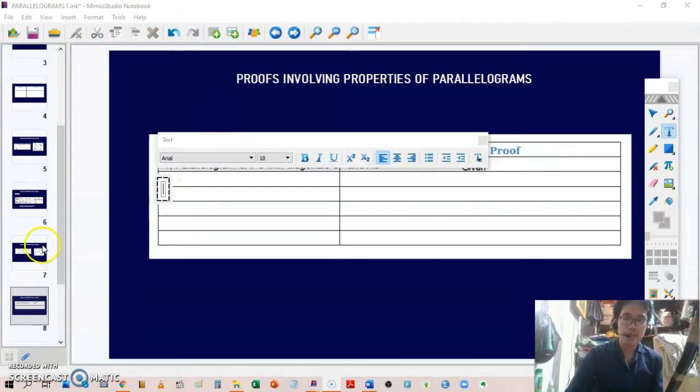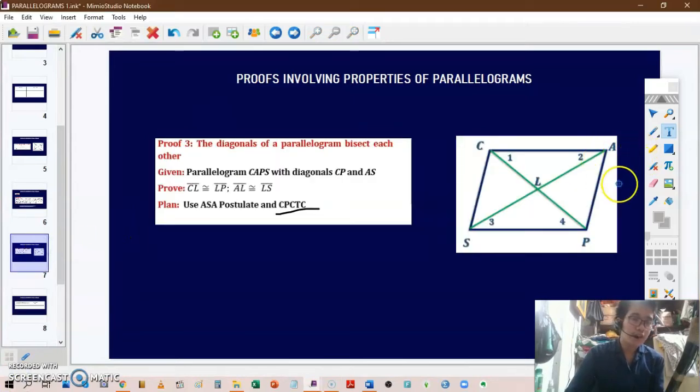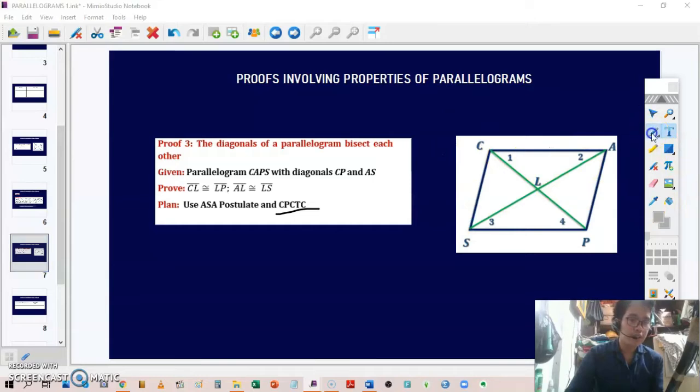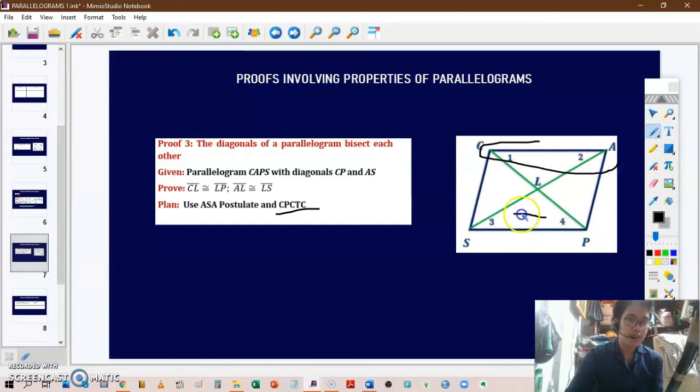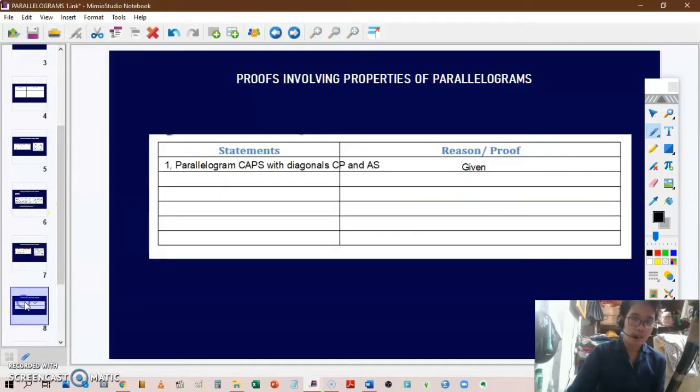Okay, for number 2, for our second statement, if you look closely at the figure, you're going to notice we have two pairs of parallel lines: CA and SP, and CS and AP. Consider CA and SP. Those are two parallel lines cut by a transversal. So angles 1 and 4 are alternate interior angles of this pair of parallel lines.